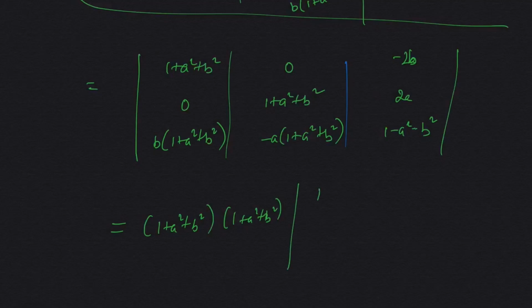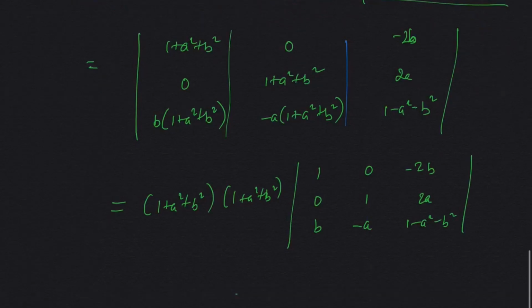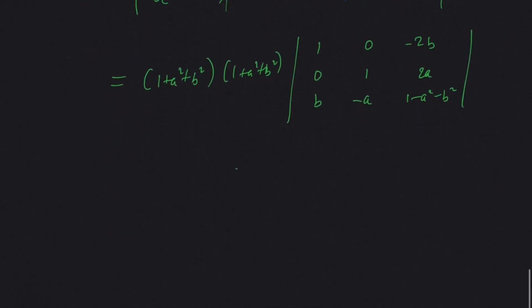So what do we have here? 1, 0, b, 0, 1 minus a, minus 2b, 2a, 1 minus a square minus b square. So now let us proceed again. 1 plus a square plus b square whole square.